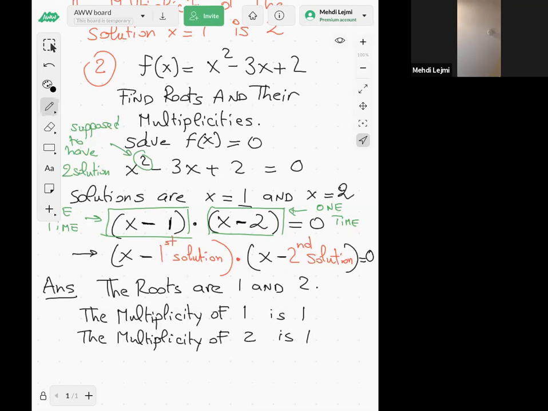Now, this is when you have a quadratic function, so we can use the quadratic formula to solve f of x equal to 0.